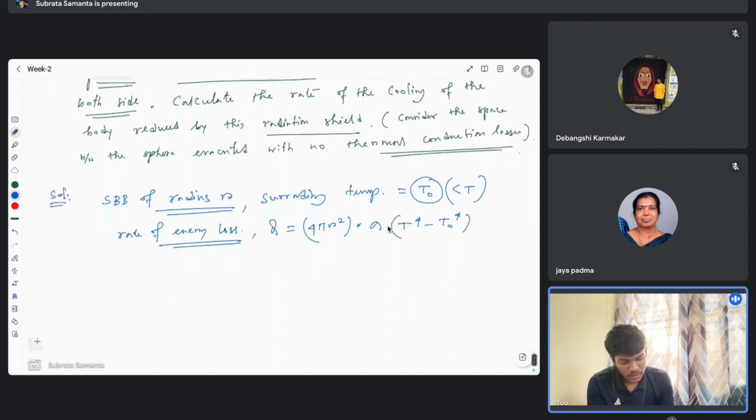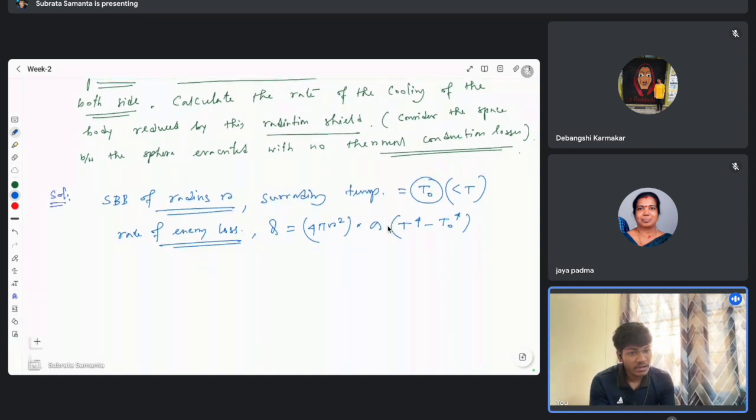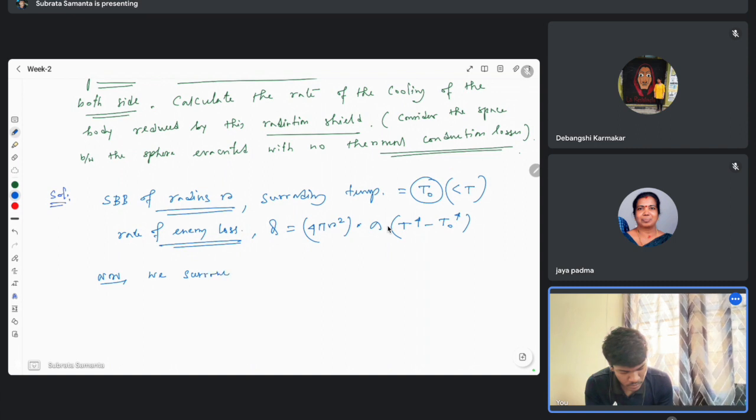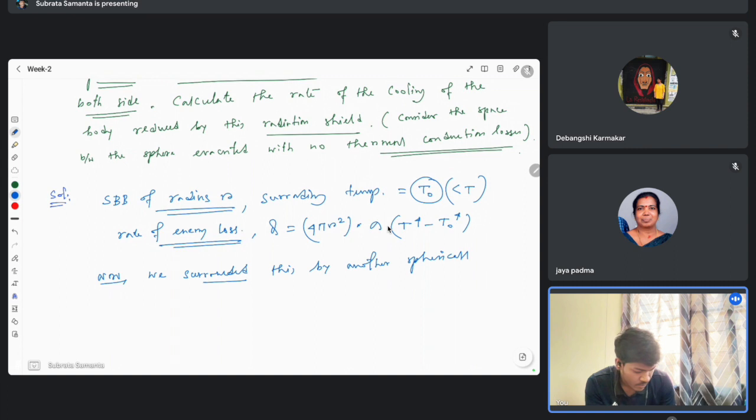Now we surround it by a concentric spherical shell of radius capital R, which is greater than small r according to the question.